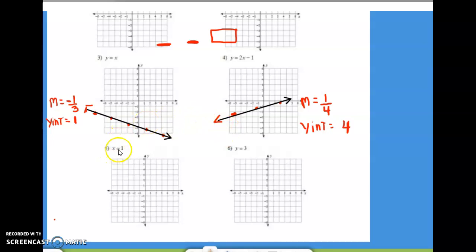Well, if x equals 1, right? That means I have at least 1 point. I know x is 1, so the dot is going to go here. Now, if you think of any other ordered pair where x is 1, let's just do a couple. We'll connect them and you'll have your line.